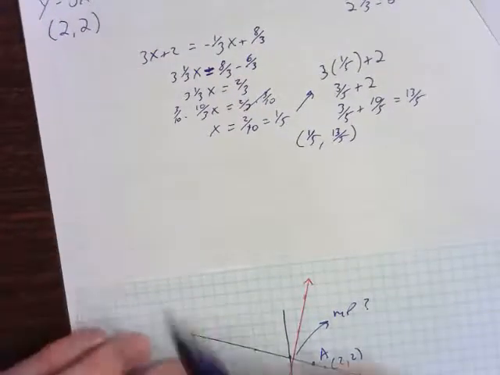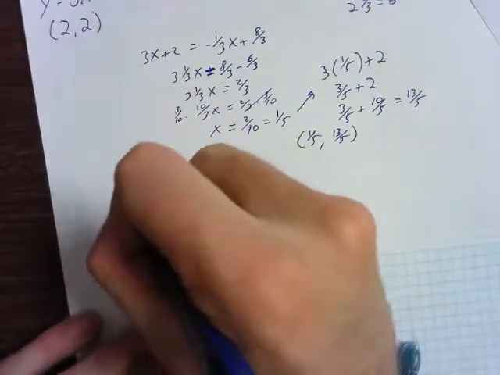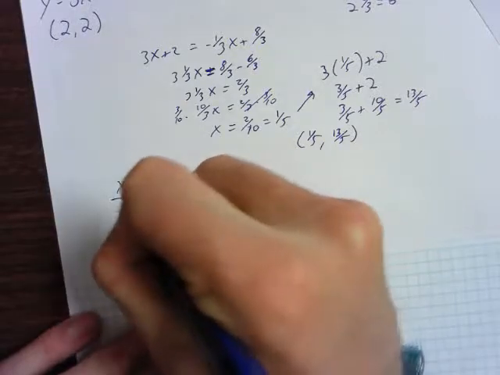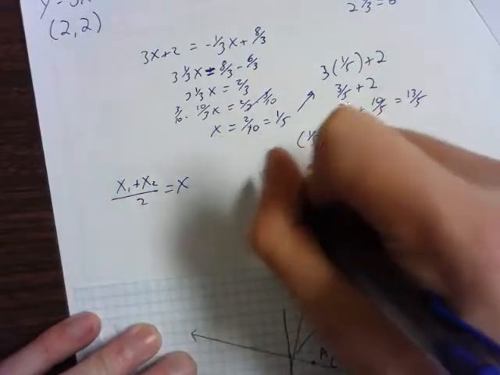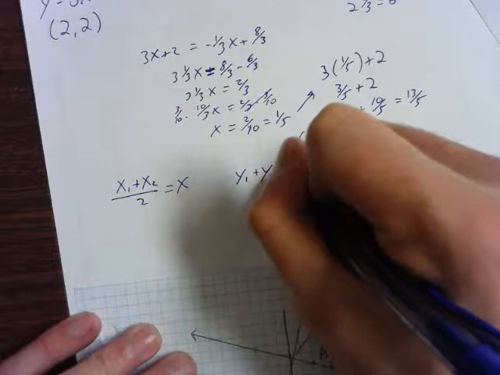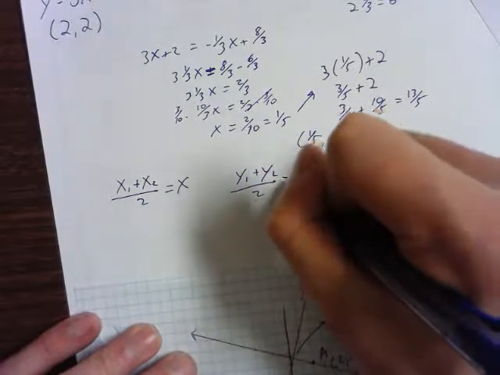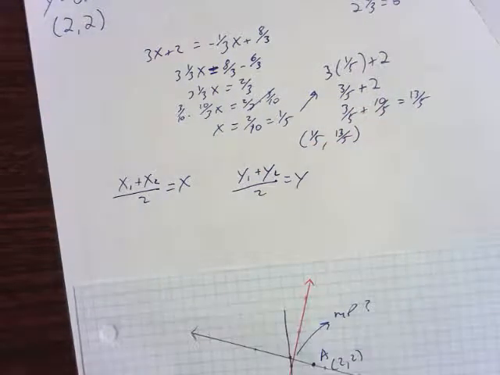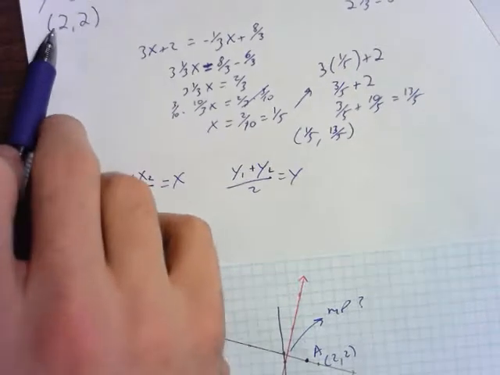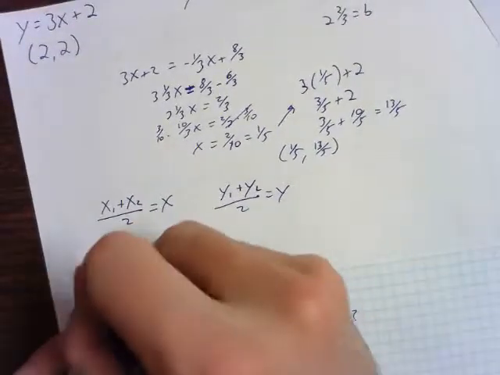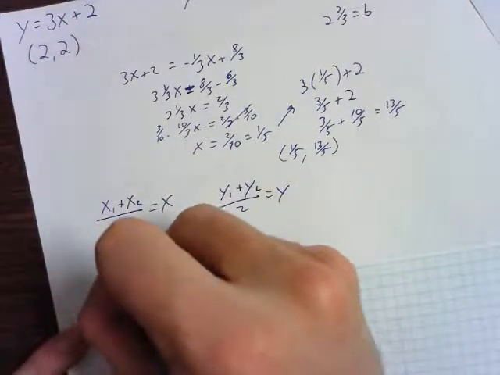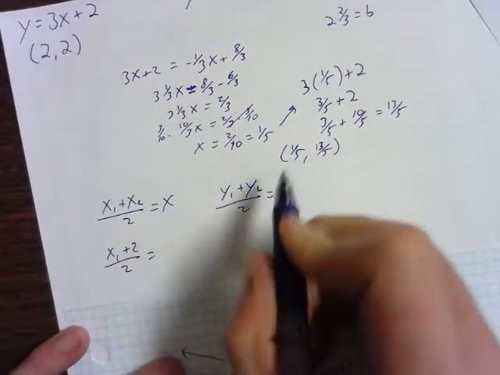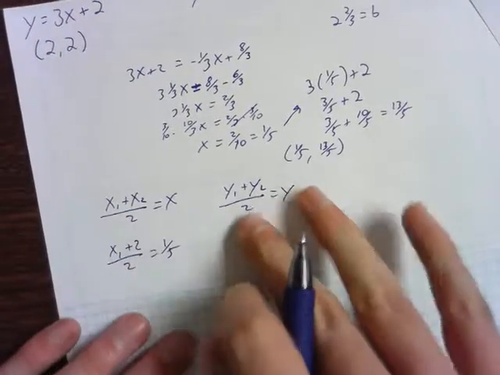And so I have my equation here, x1 plus x2 over 2 equals x, and y1 plus y2 over 2 equals y. So I can go ahead and plug in my x2, which is my 2. So I can say that x1 plus 2 over 2 equals 1/5.